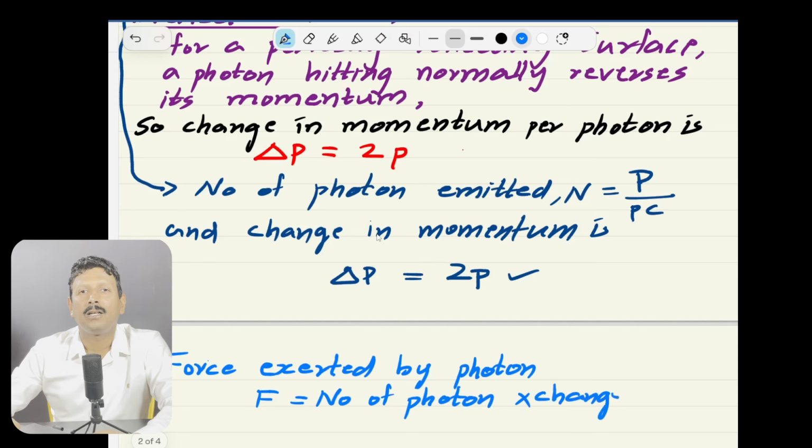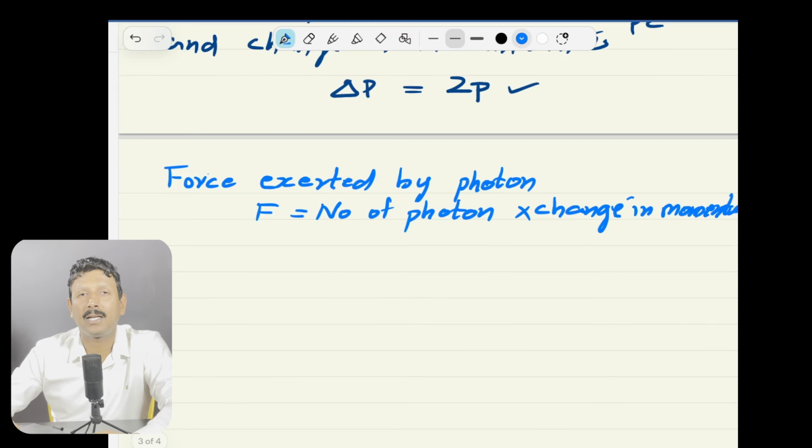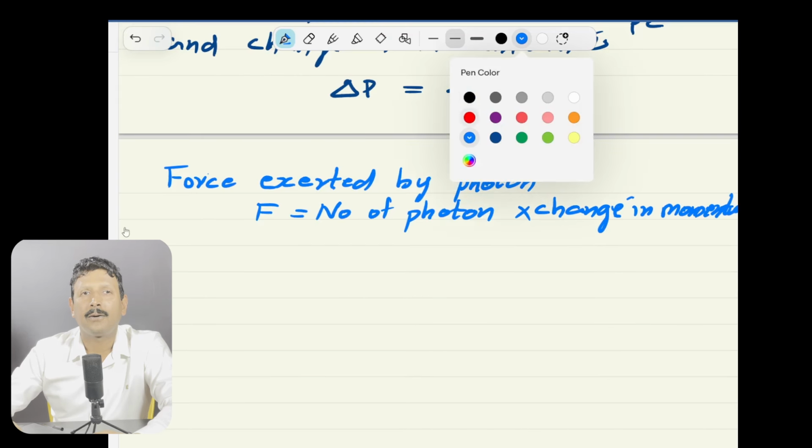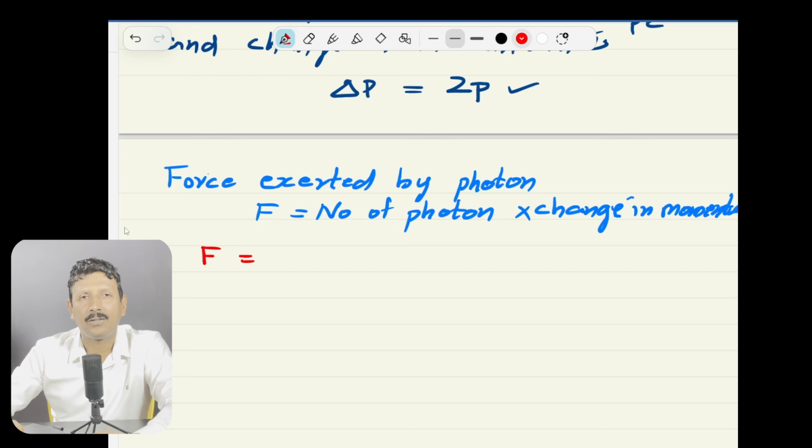So F is equal to capital N into delta p, which is power P divided by p c, into 2p.